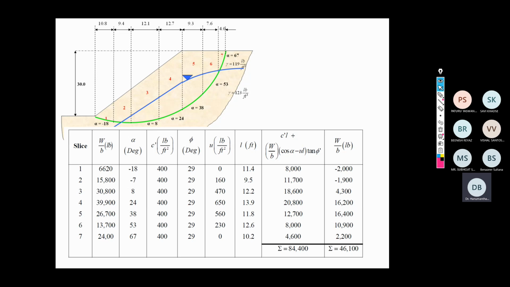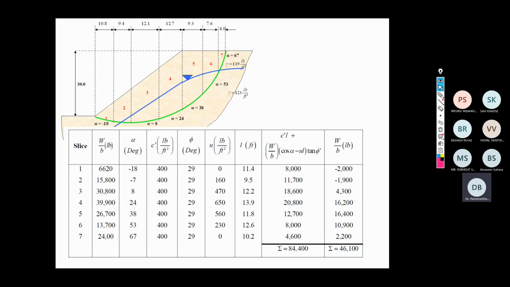Sir, here the formula should be W by B minus UL, then cos alpha, no sir? Cos alpha should be common for both. It is W by B into cos alpha minus UL. Sir, in the previous question we took W by B minus UL into cos alpha, sir. Cos alpha is outside.